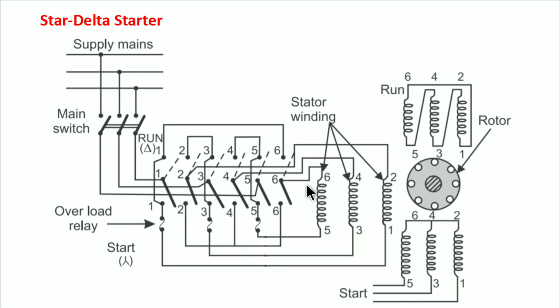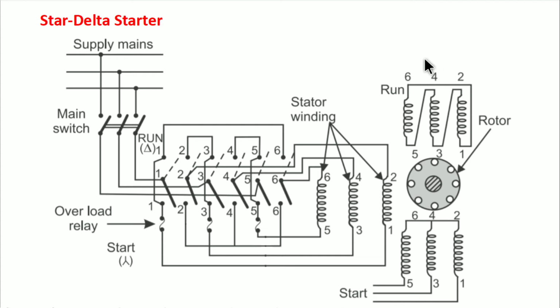These are the three windings of the stator of a three-phase induction motor. The ends are marked 1, 2 for one phase, 3, 4 and 5, 6. These are the stator windings, and the rotor is shown here, which is short circuited.